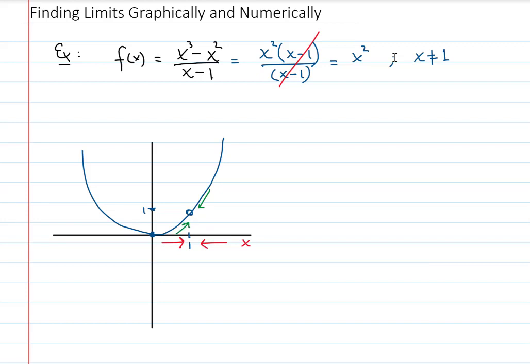Now remember, the function is actually not defined at that point. At 1 it's not defined, because we said it's not part of the domain. But the limit doesn't really care about whether the function is defined there or not. It just cares about whether it's getting closer and closer to some real number. So that's the question right here.